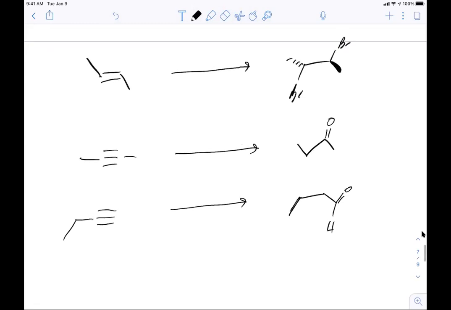Okay, so let's take a little bit of time, look at these 3. Give me the best reagents for this.